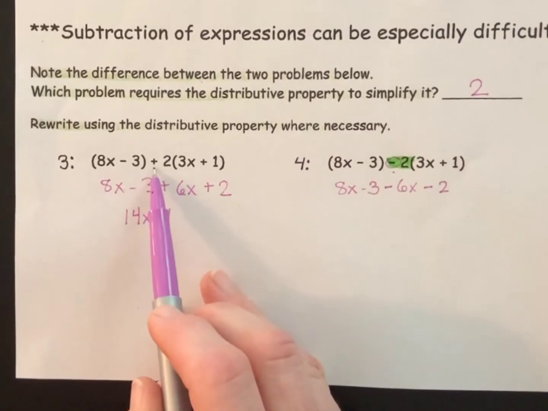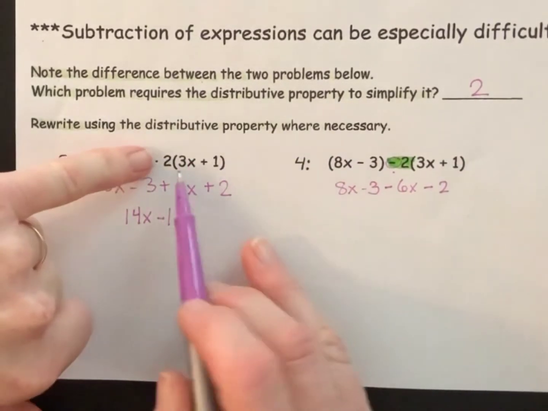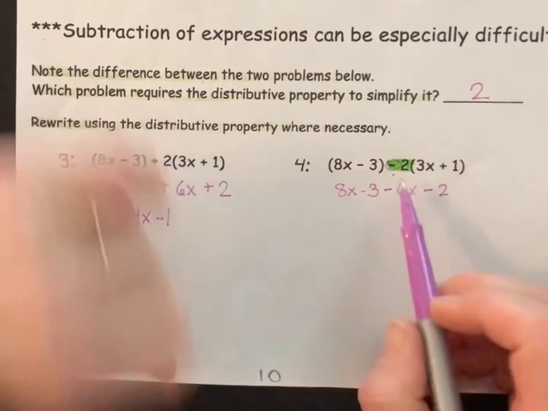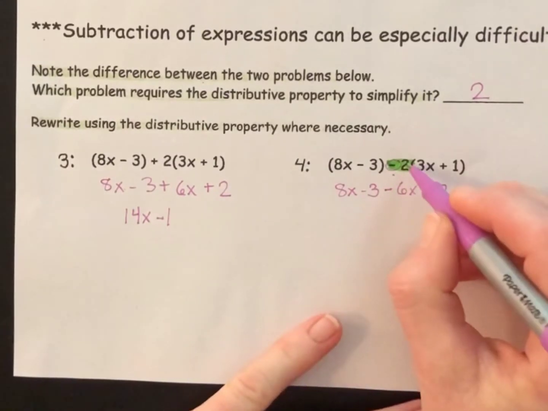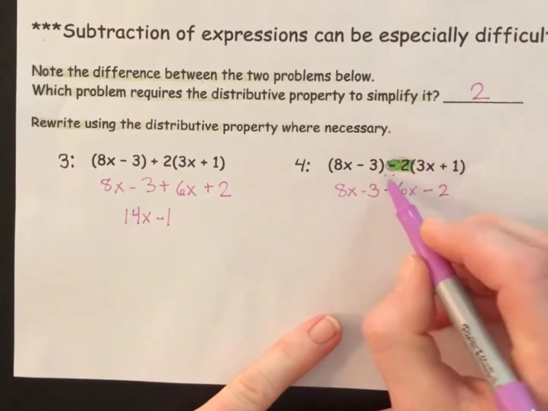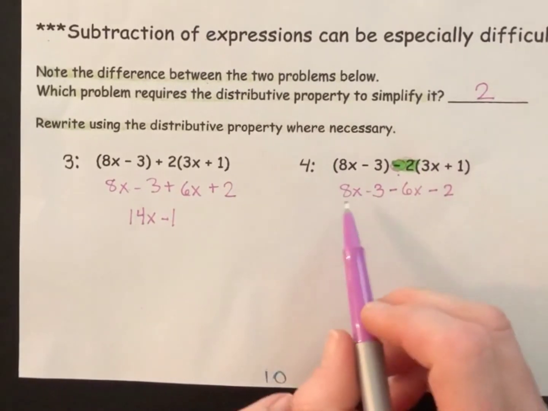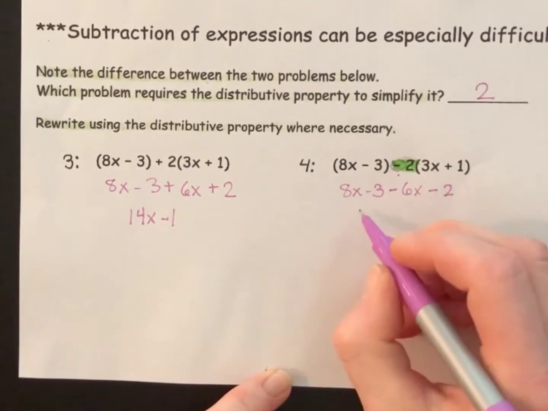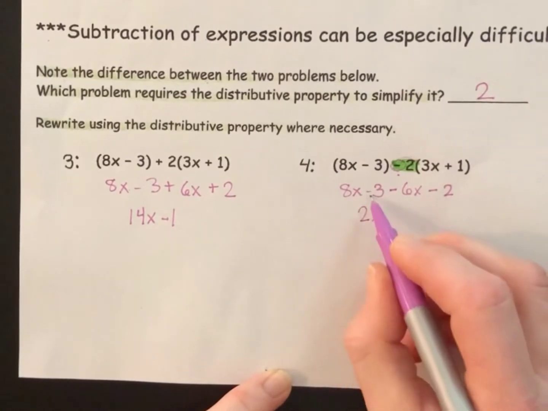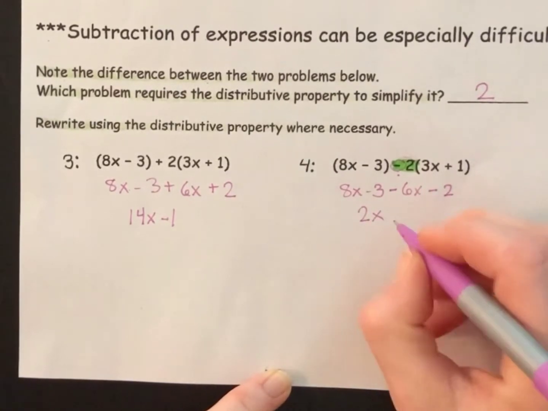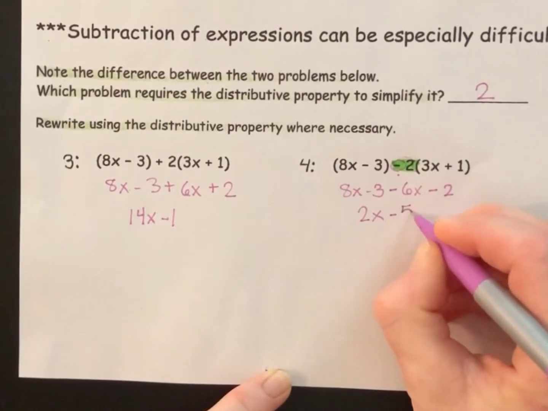Whereas, when we were adding, all we cared about was this number. When we're subtracting, we've got to use the whole integer, the negative 2, and distribute with the negative included. So we've got 8x minus 6x is 2x. Negative 3, negative 2 is negative 5.